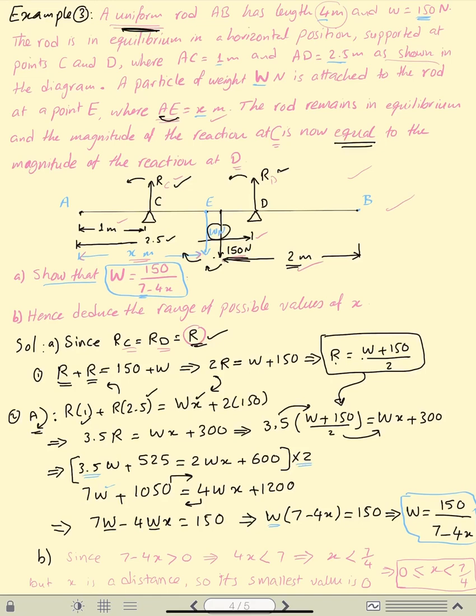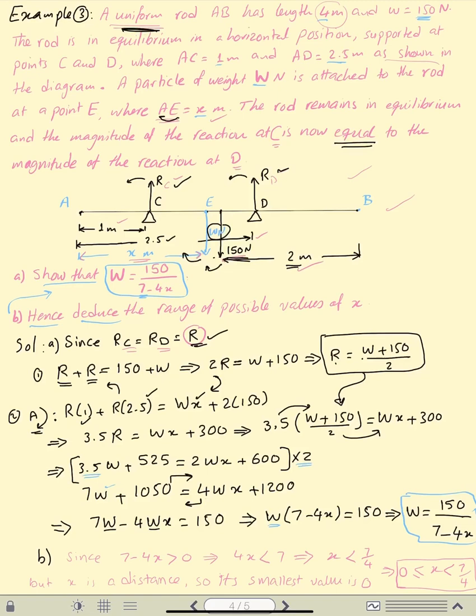Hence, when we say hence, dear students, it means using this. Some of you are not familiar with this language: hence, by part A, by the previous part, deduce. Hence, deduce.